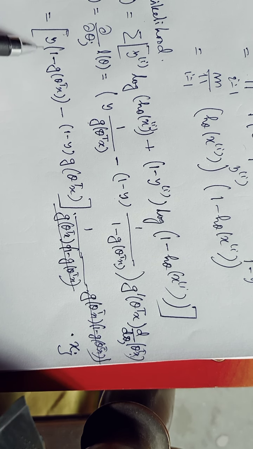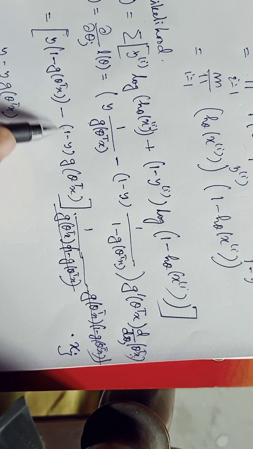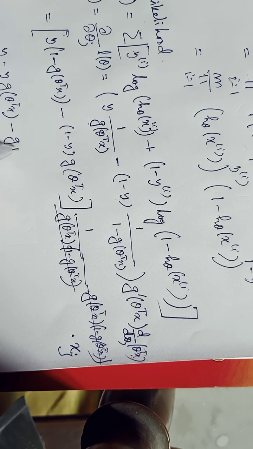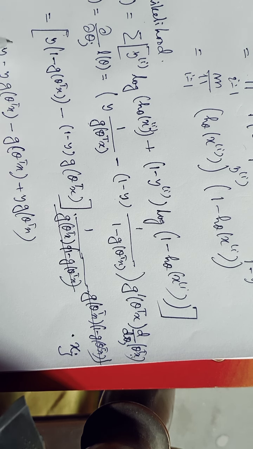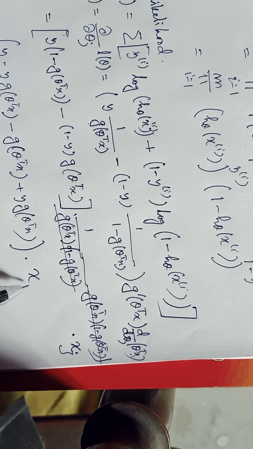Therefore, we will get here y minus y g(theta transpose x) minus g(theta transpose x) plus y g(theta transpose x) into xj.